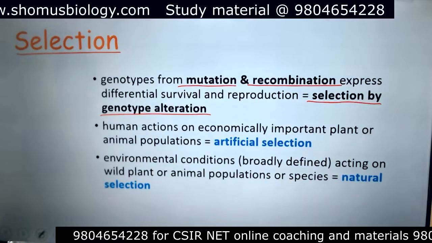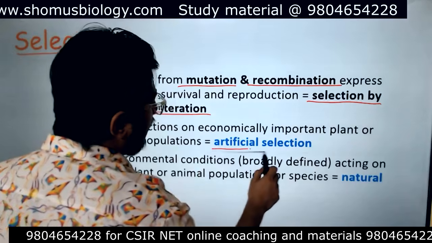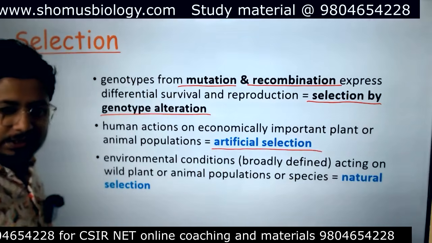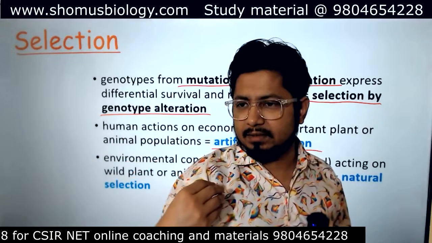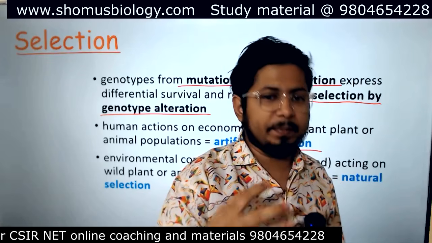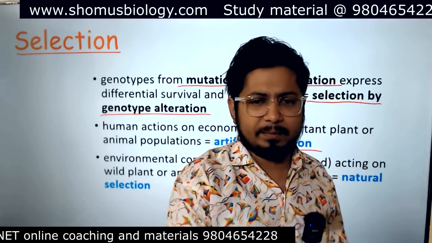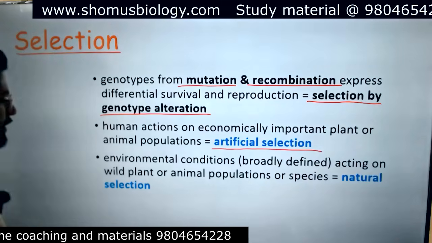Human actions on economically important plant or animal populations are known as artificial selection. So when you select based on your idea, based on people's idea of selecting something, that is known as man-made selection, for example aesthetic or affection-based selection.